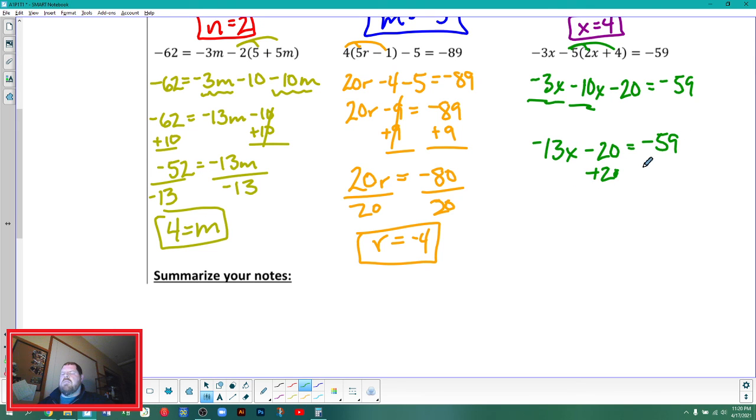Add 20. Negative 13x equals negative 39. And if we divide by negative 13, we get x equals 3.